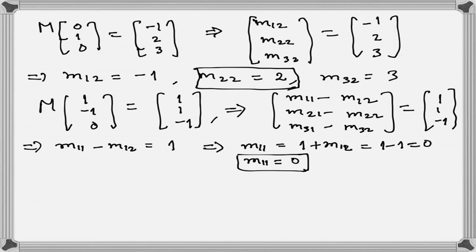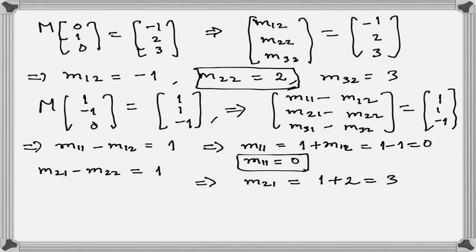Okay, let's see another equation. M21 minus M22 is equal to 1. This implies M21 is equal to 1 plus M22. So 1 plus M22, which is 2, is equal to 3.